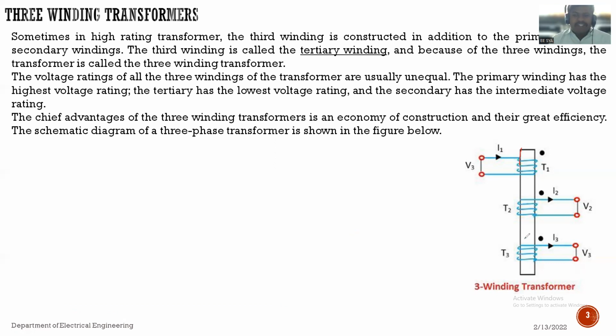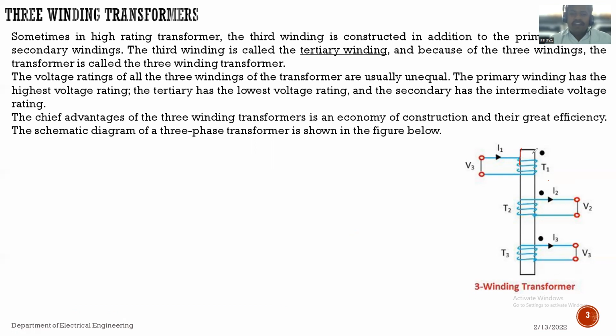On that limb, all 3 windings are constructed: primary winding, secondary winding, and the tertiary winding. That is, we can call it the third winding, or tertiary winding. Because of this third winding, we can call it a 3-winding transformer.